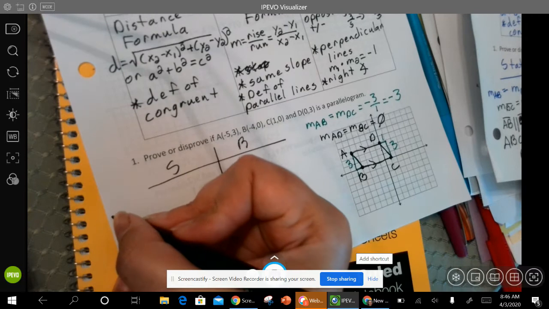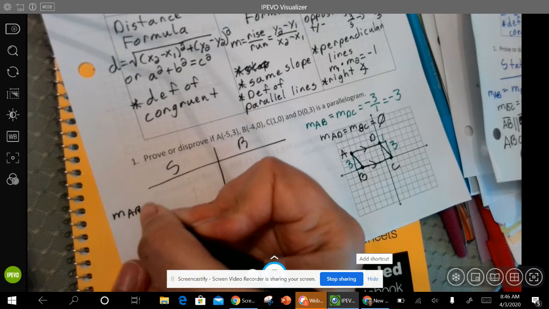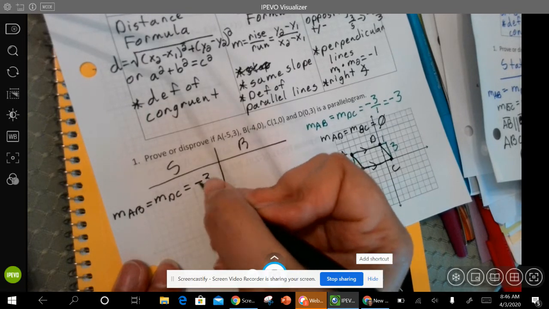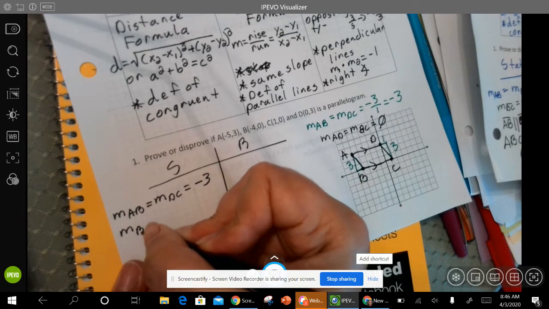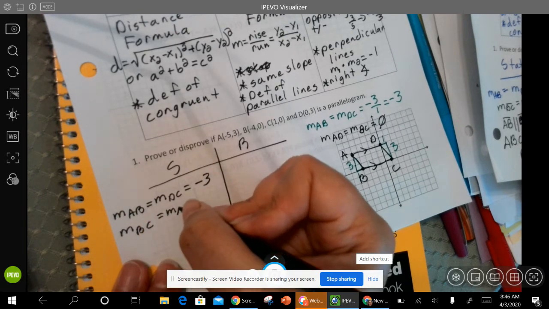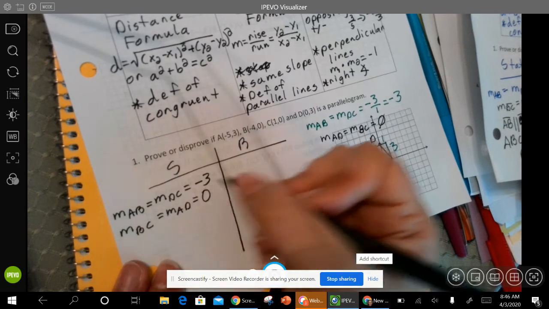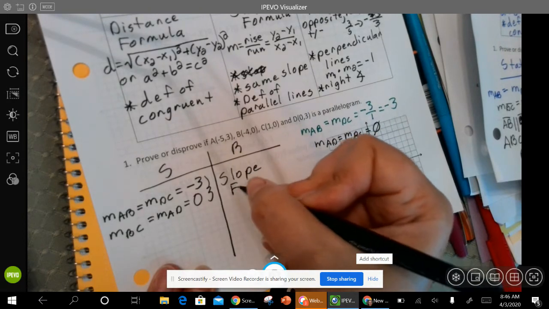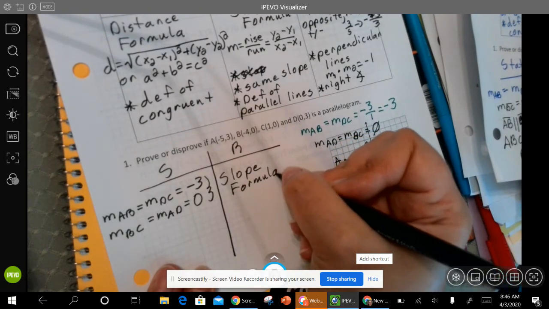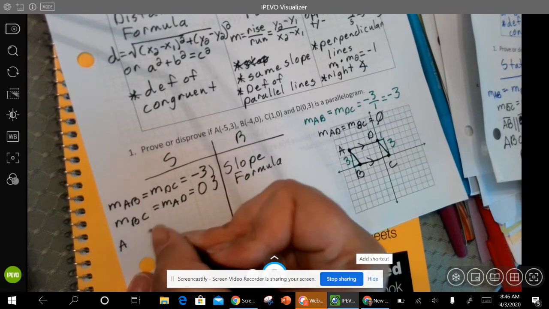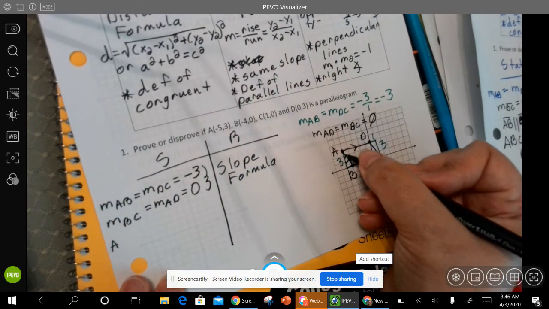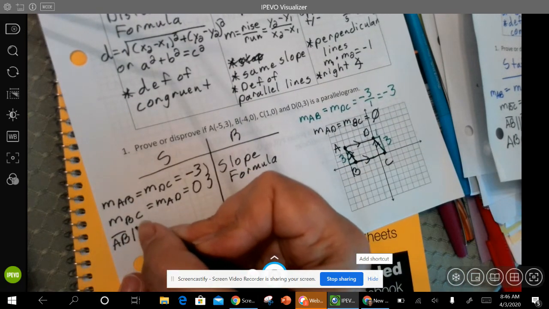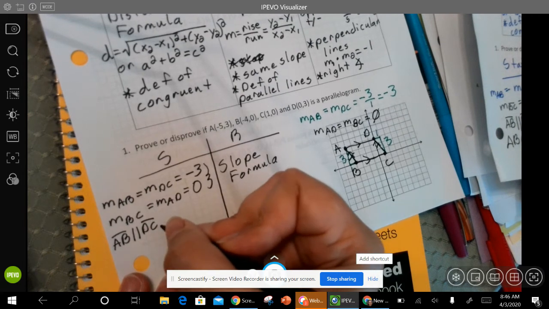Okay, so we're going to go ahead and put that over here. So the slope of AB is equal to the slope of DC. That's negative 3. Slope of BC is equal to AD, and that's going to be 0. Okay, and that's by our slope formula. So that means that since the slopes are the same, the opposite sides are parallel. So side AB is parallel to side DC.